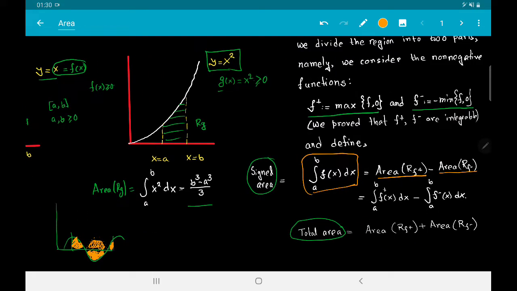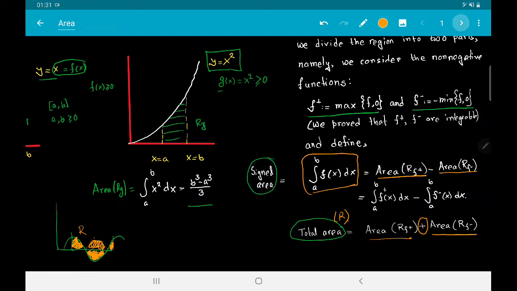So what is the total area in such a case? The total area of R, if we call it R, is equal to the area of R_f plus and plus the area of R_f minus. As I have explained, this exactly gives us the total area of the region.